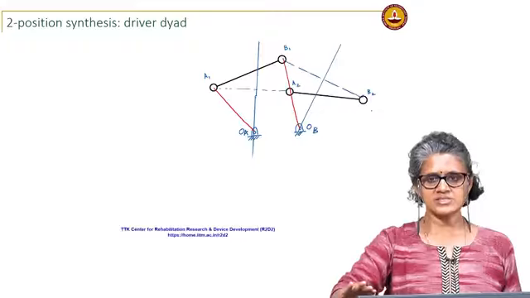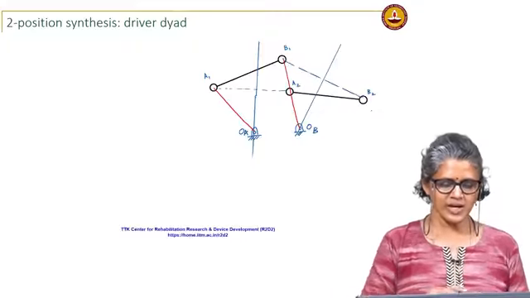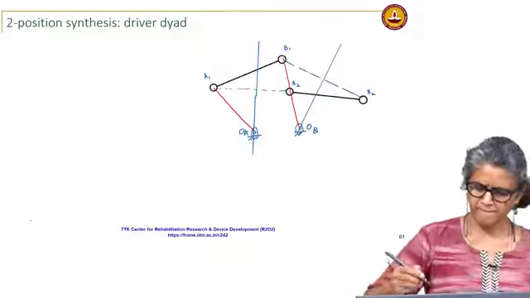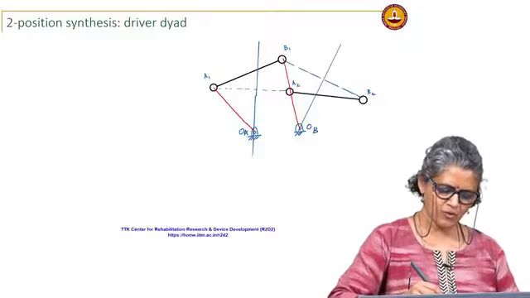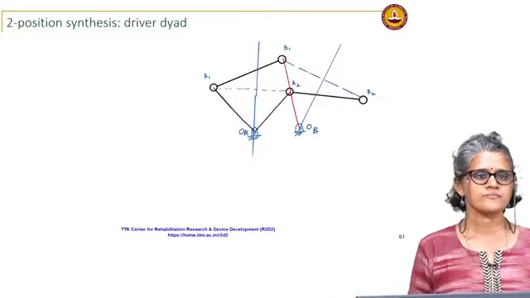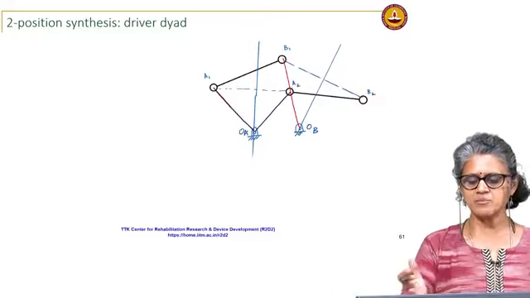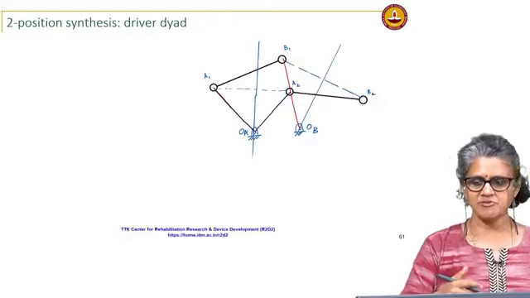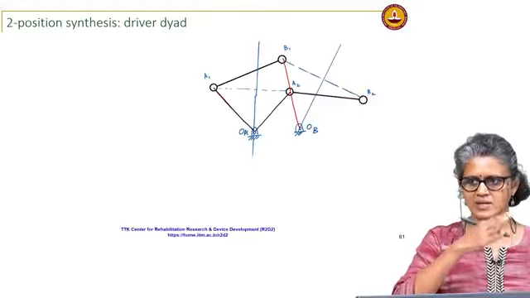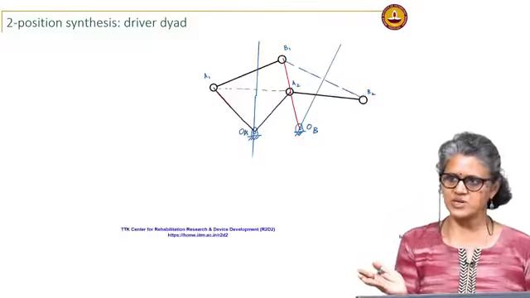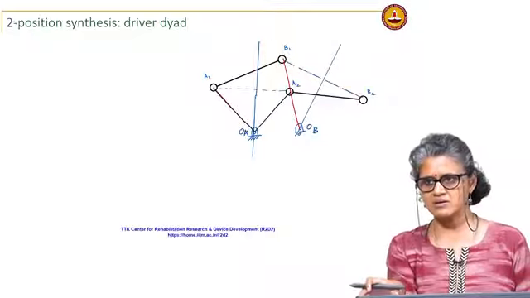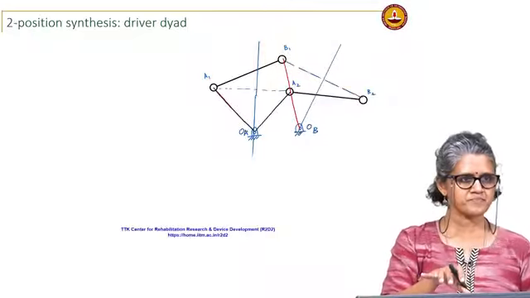I can just ignore the rest of the linkage and just look at OA A1 and OA A2. If I restrict the motion, say that is my input link, if I restrict that link OA A1 to move between these 2 extreme positions, then essentially I am restricting A1 B1 moving to A2 B2 and back.